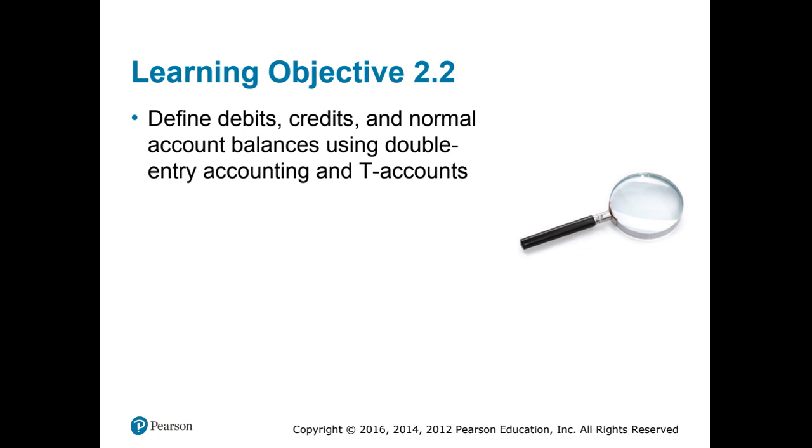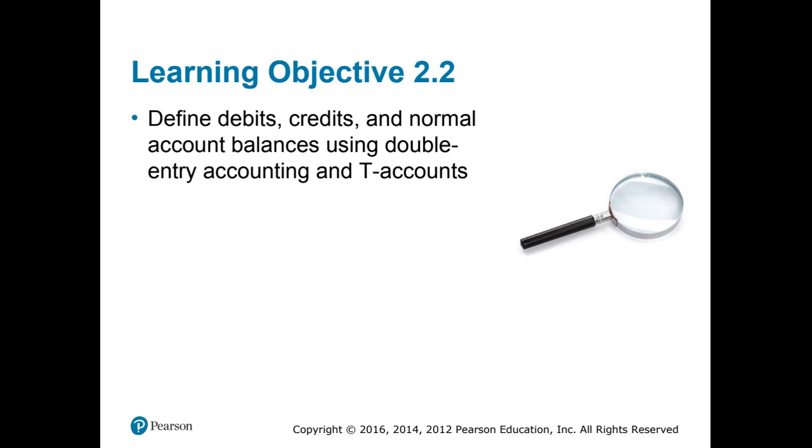So an asset increases to the left, and the left side of a T account is what side? Is that a debit or a credit? Debit. It's a debit. So that's the debit side, and that's the credit side of a T account.